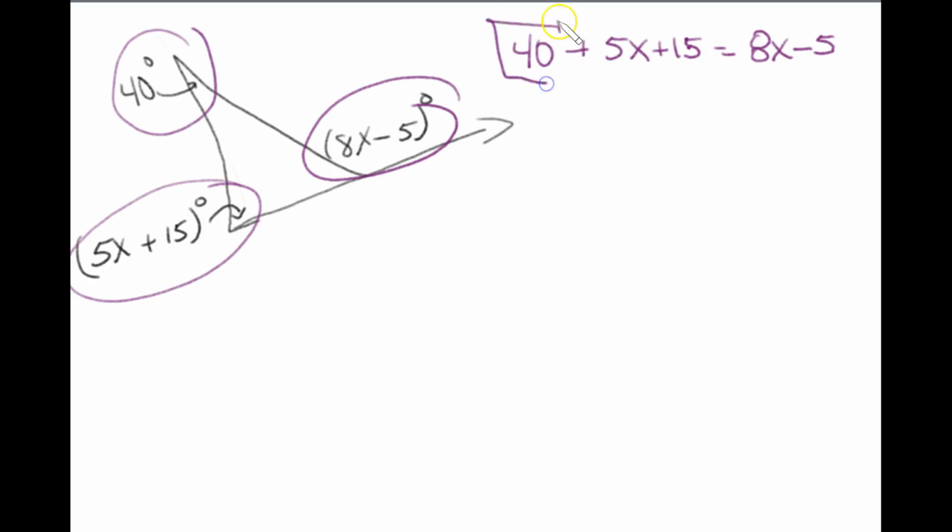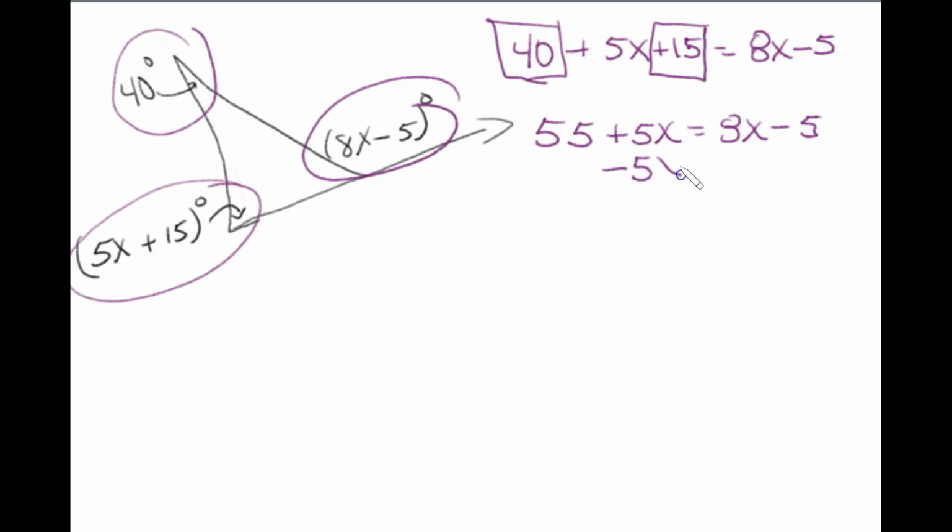And I'm going to start by combining like terms. All right. 40 and 15 is 55 plus 5x equals 8x minus 5. All right. Subtract 5x from both sides.